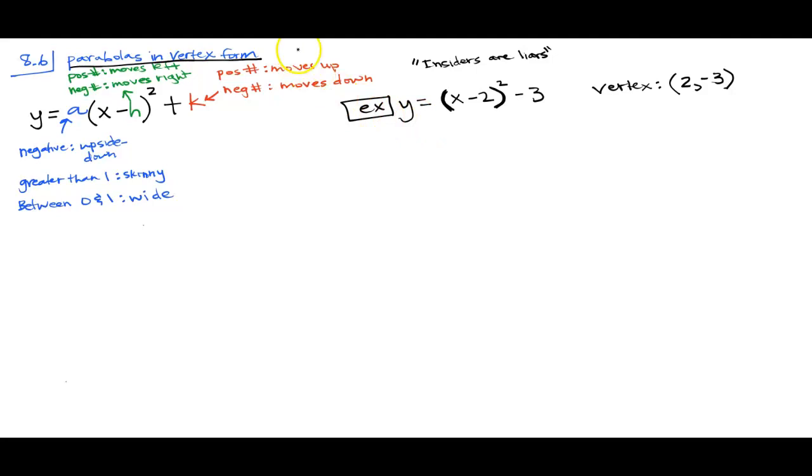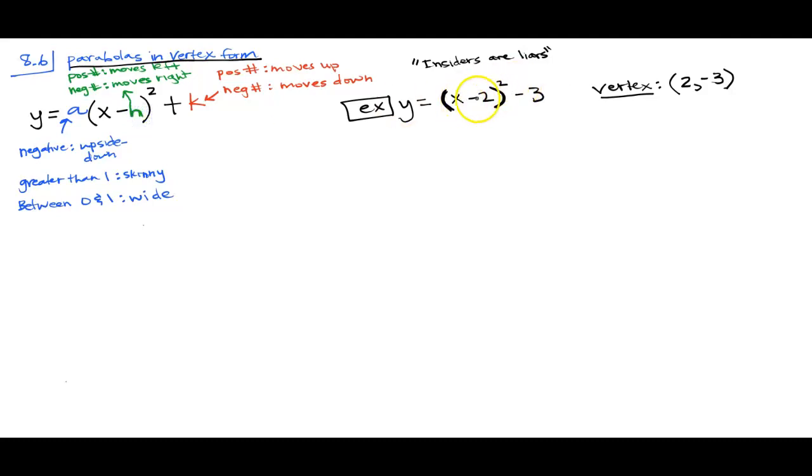Okay, so besides understanding what the vertex is, I also want you to know how those things are moving it. Remember that the number inside here is like this h that we had over here.